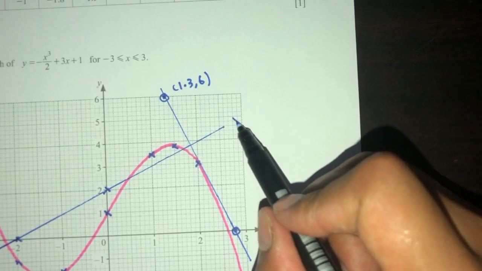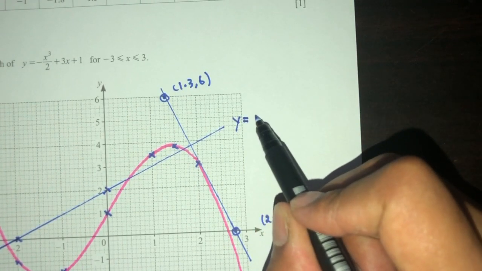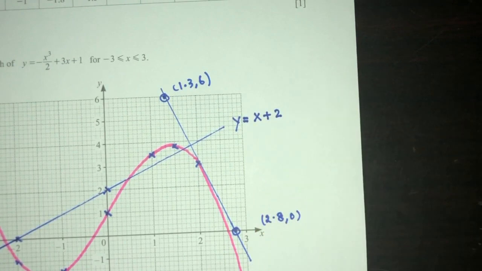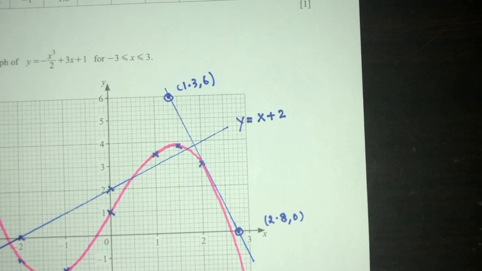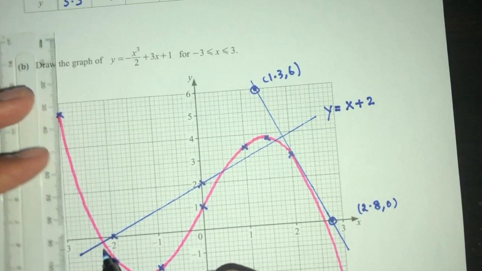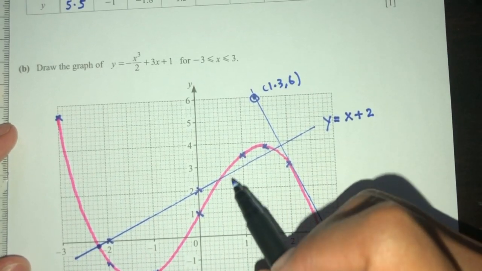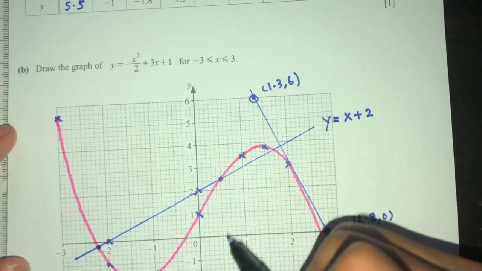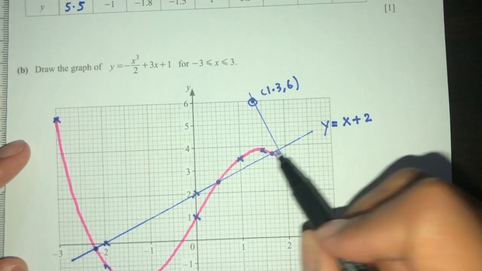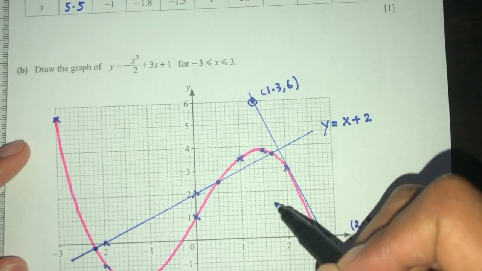Now label this as y equal to x plus 2. Now you have to find the solution. Obviously, you will have to find the corresponding x solution. So for this one, it cuts the graph right here. That will be x value minus 2.2, and here that will be 0.5, and here that will be 1.7.